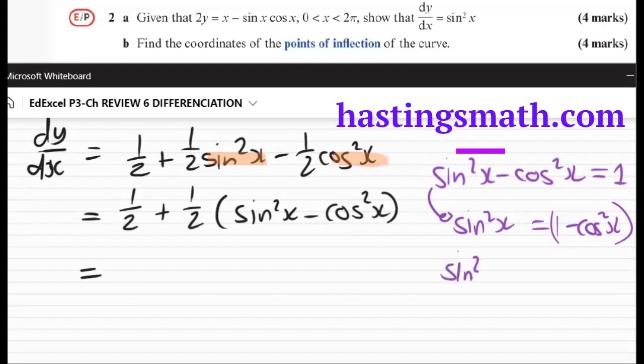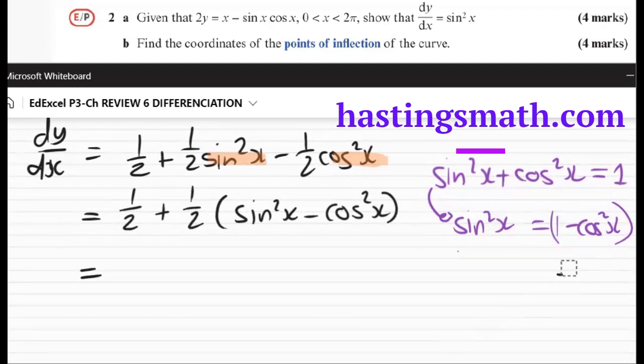Let's try the other way. So sine squared x equals, whoopsie. Negative cos squared x equals 1 minus. I see what's wrong with this. This identity is a plus. There we go.